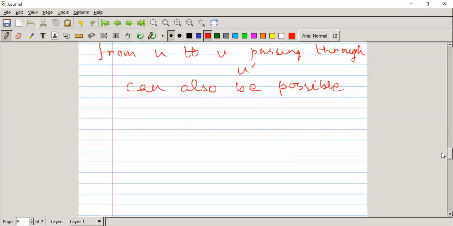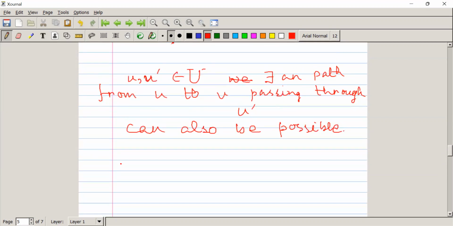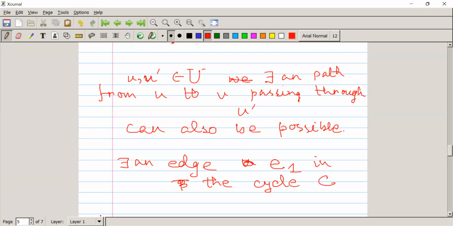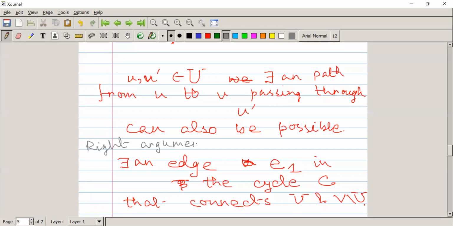So actually, yes, the argument should be that there exists an edge, say U1, in the cycle C that connects U and V minus U. Yes, this is the right argument.